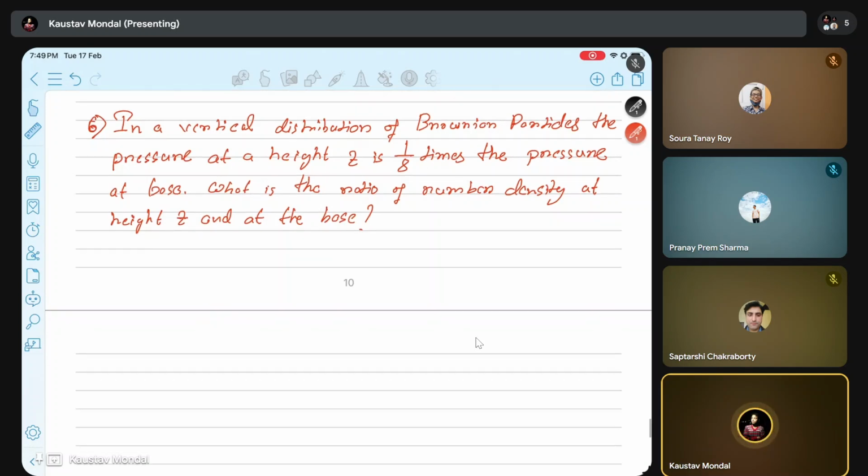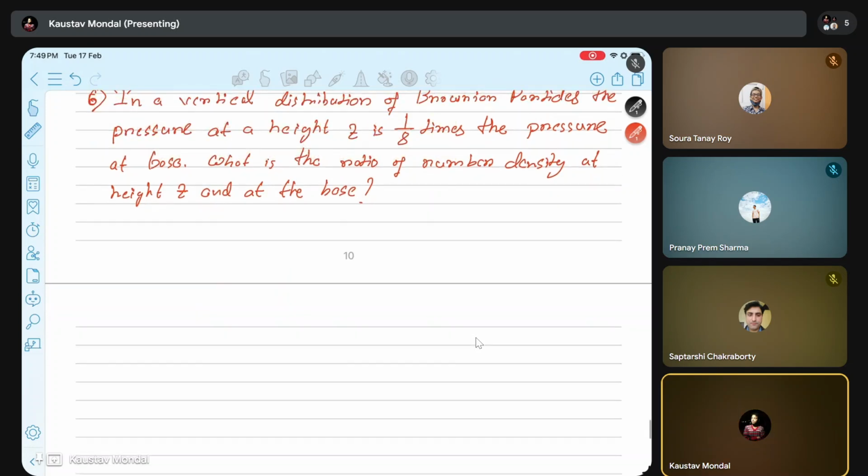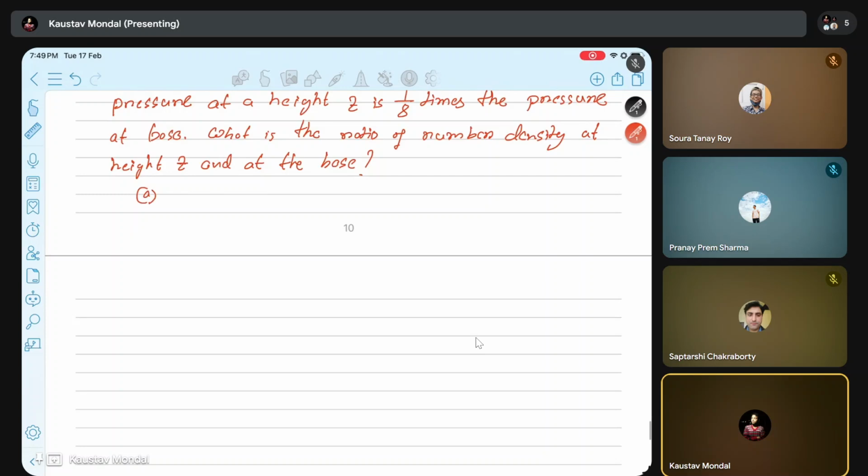The options are option A 1 by 16, option B 1 by 8, option C 8, and option D 16.